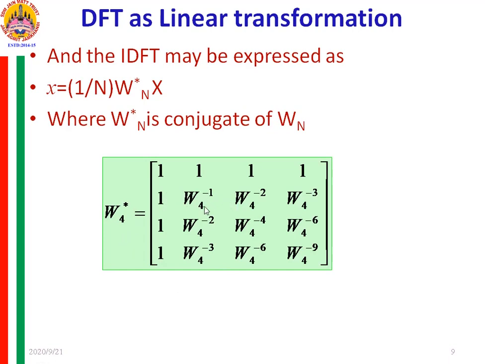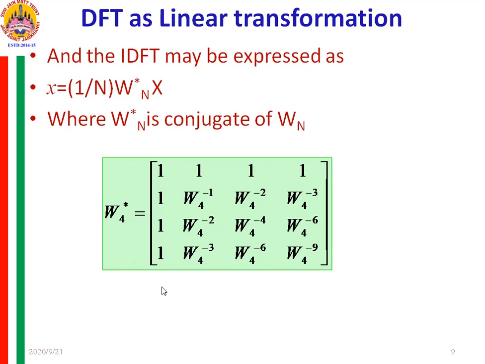W raised to minus 1 4, W raised to minus 2 4, W raised to minus 3 4. This is minus 2 4, this is 0 4, and this is W raised to minus 2 4. This is W raised to minus 3 4. This is W raised to minus 2 4, and this is again W raised to minus 1 4 by using the periodicity property.